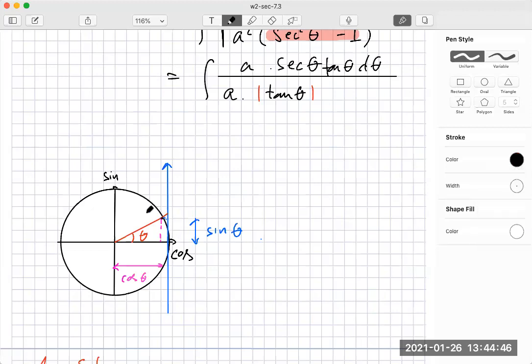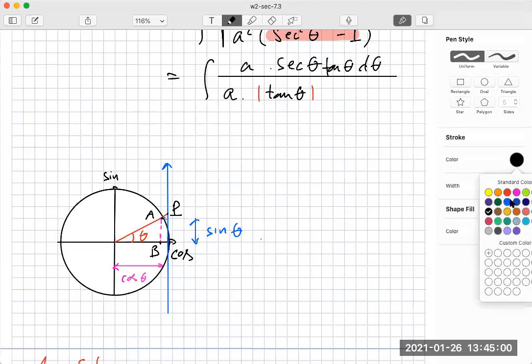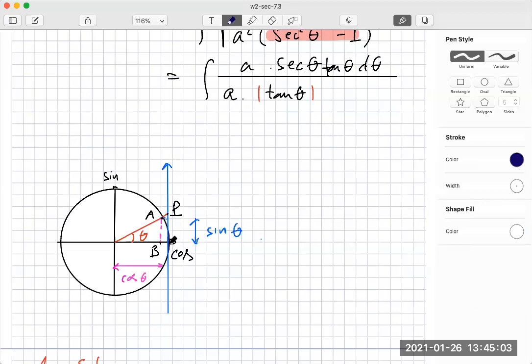Let us call this point A, this point B, and the red line here cuts at the point, let us call it P. And right here at 1, let us call it M. We see that the triangle AOB is similar to the triangle POM.